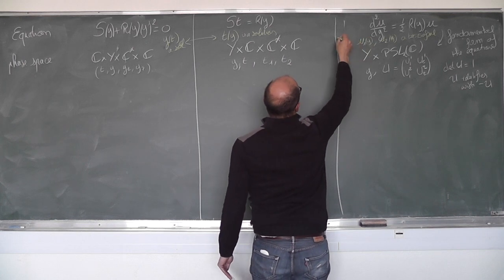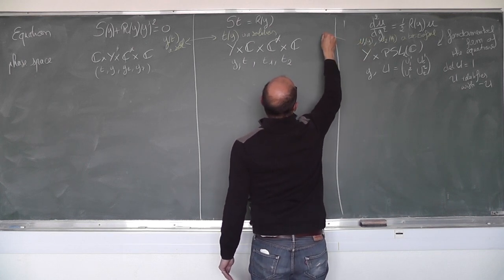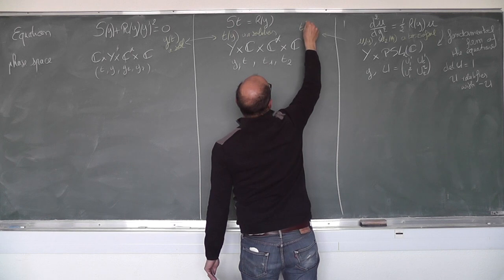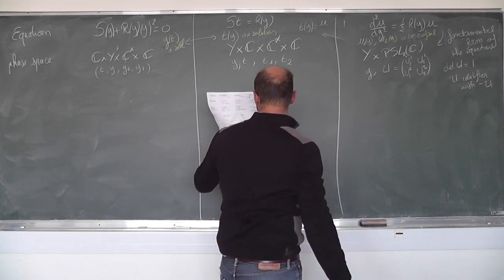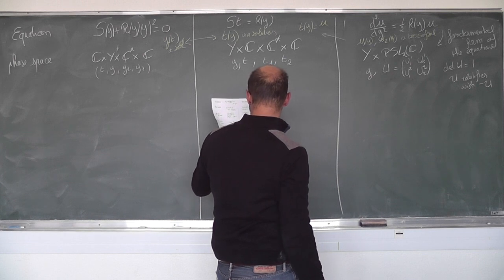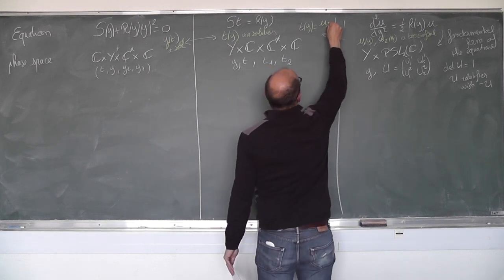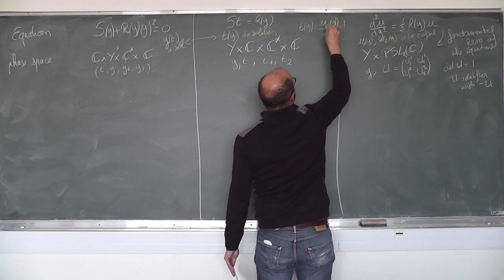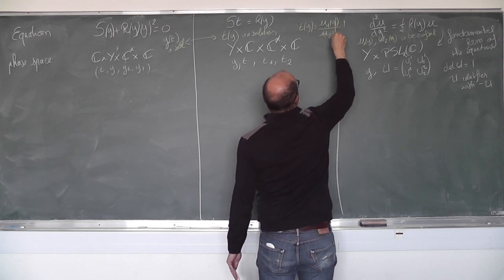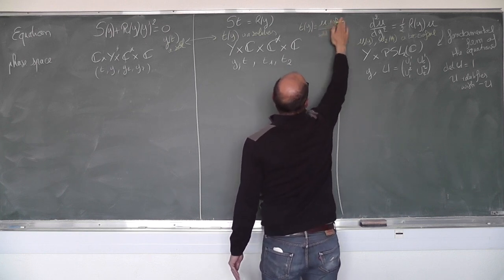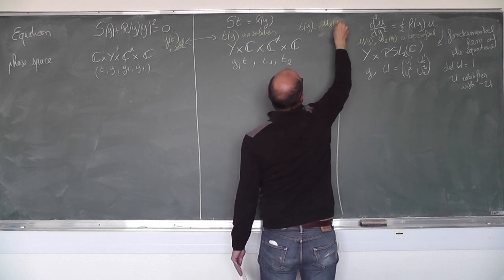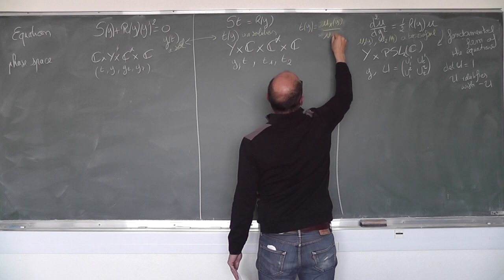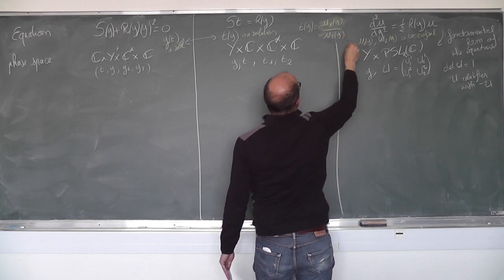And the relation between the two, it's easier to go this way, is to write t of y, which is u1 of y divided by u2 of y.